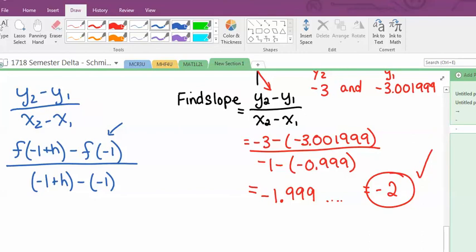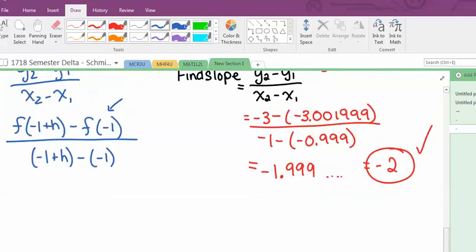Okay, so then we just sub our actual values in. So f of negative 1 plus h, so we actually sub negative 1 plus h squared minus 4 into our equation. So that's like x squared minus 4 minus, and then we sub negative 1 into our equation. Remember, our original equation is x squared minus 4.